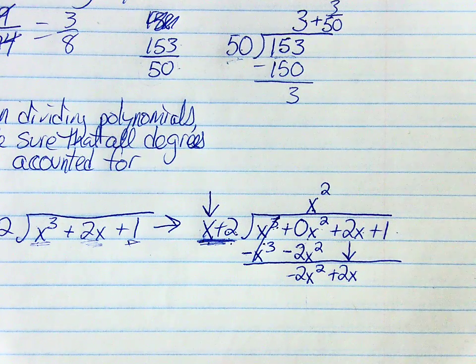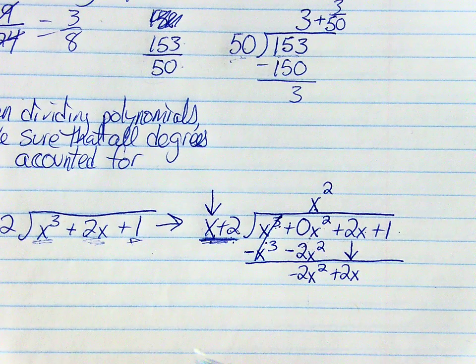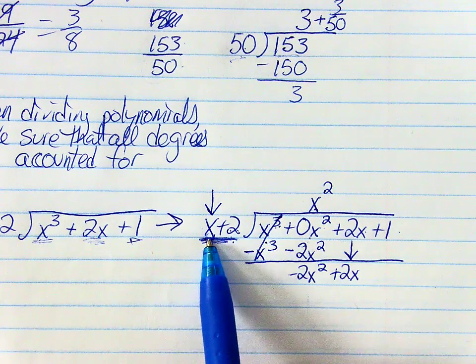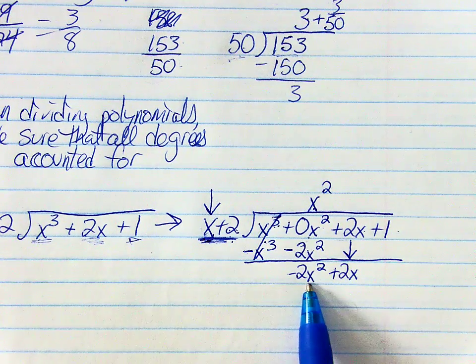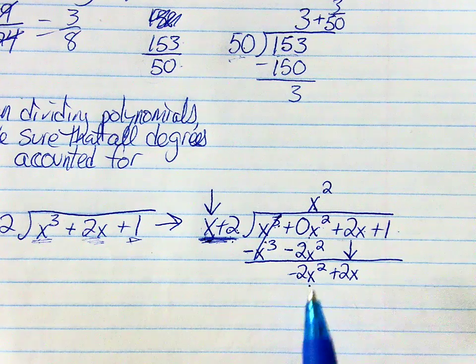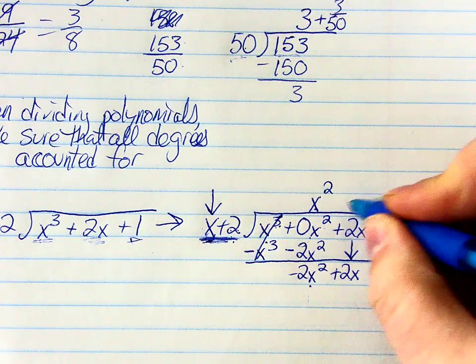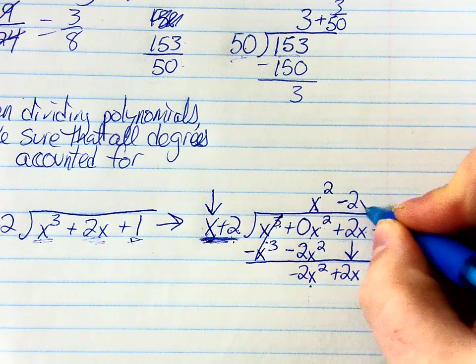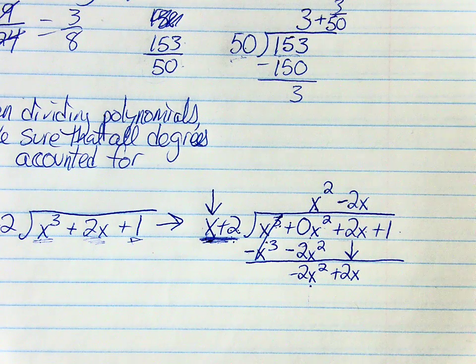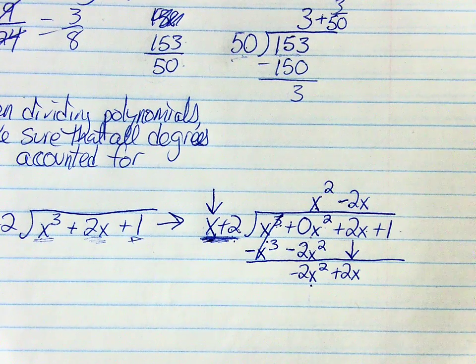And then I basically repeat the process. So I'm going to ask myself, what do I multiply x by to get negative 2x squared? Negative 2x, right? So that goes up top in the x column, negative 2x. Do you see how this is working?